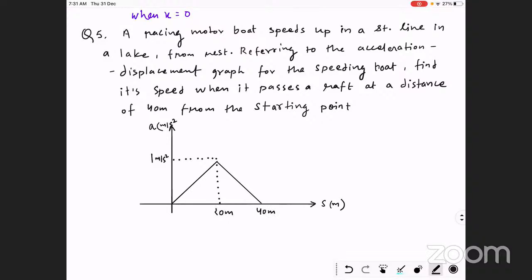Okay, try to solve this question. A racing motorboat speeds up in a straight line in a lake from rest.